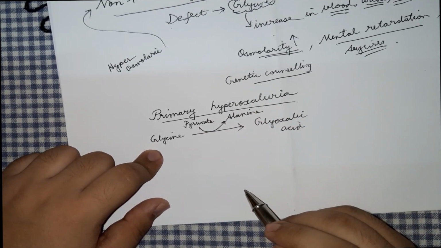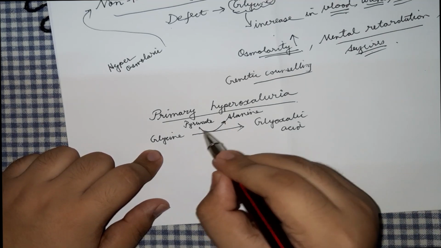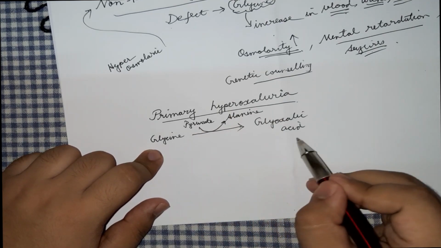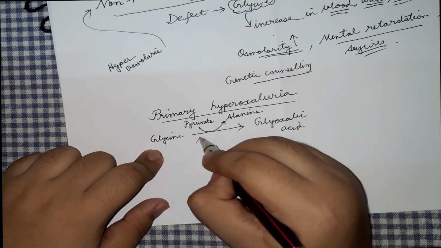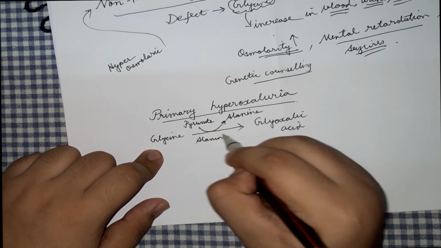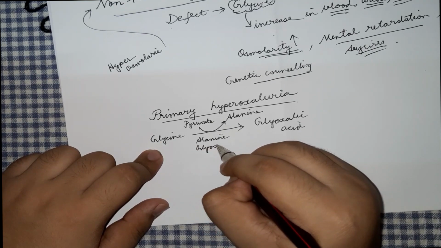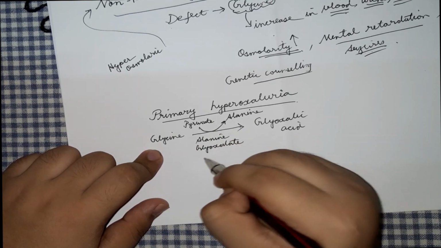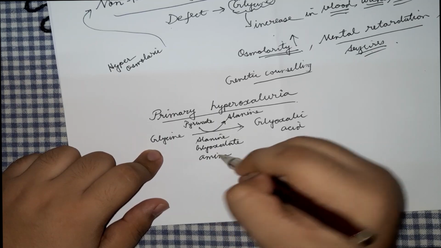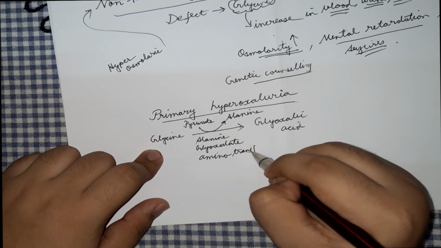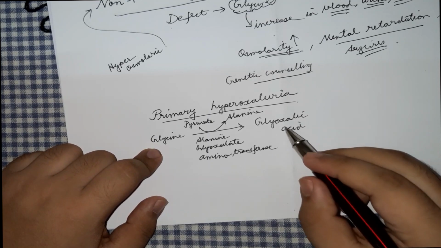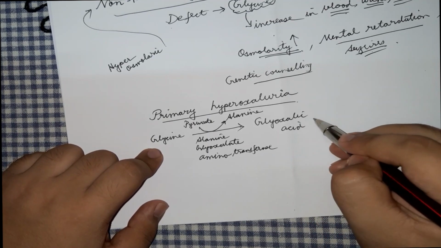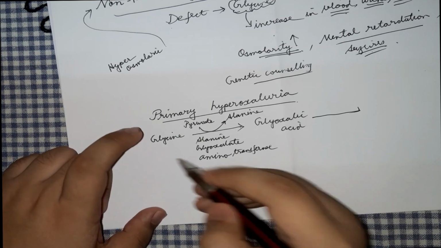Alright, so the name of the enzyme will be alanine glyoxalate aminotransferase. Done.